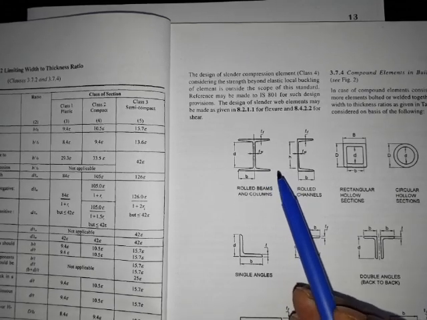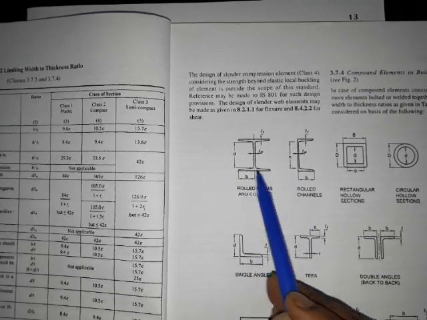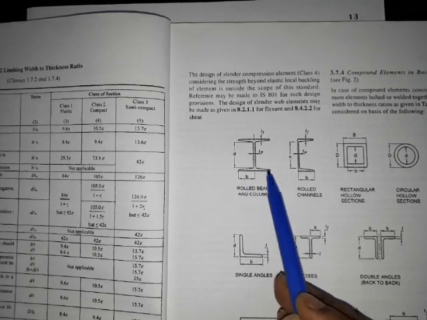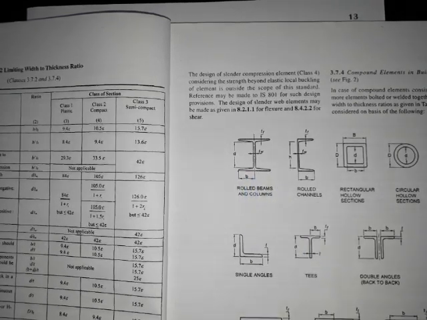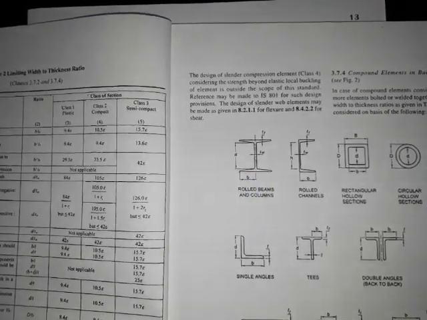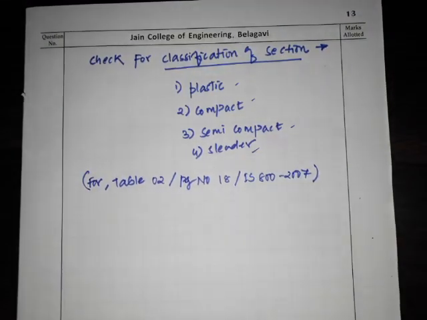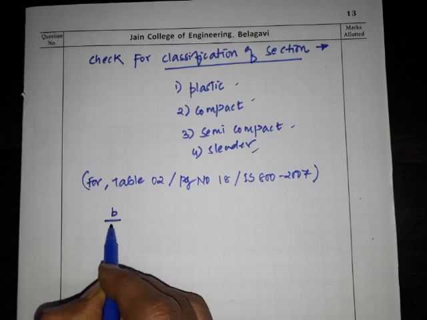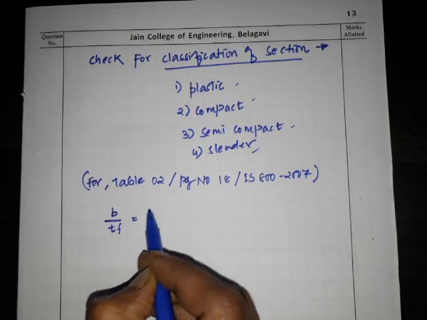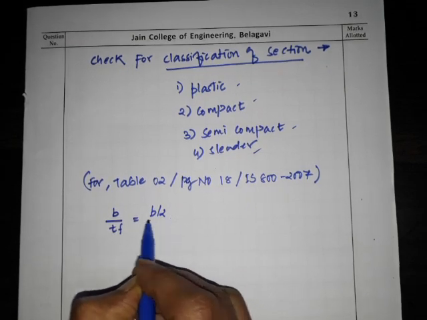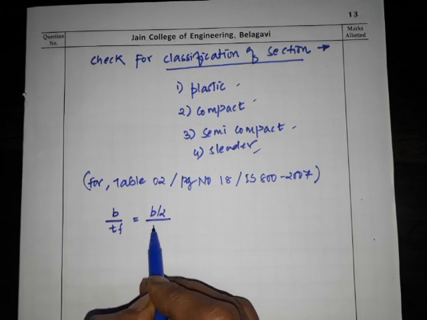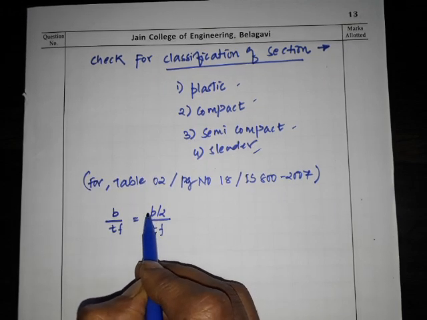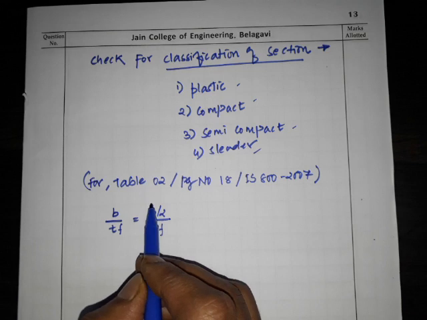So we'll calculate that first. Here it is B by TF, so B is nothing but b by 2 by TF, where b is the width of flange.